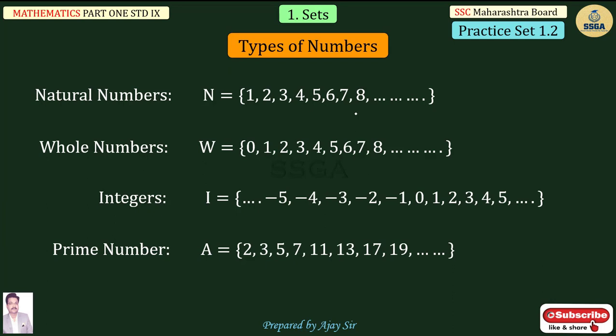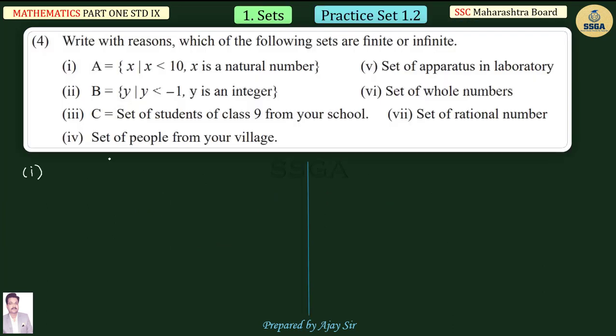So set A is equal to 1, 2, 3, 4, 5, 6, 7, 8, 9. It is strictly less than 10, so that is why we go till 9, and these 9 natural numbers we can count. So set A is a finite set.